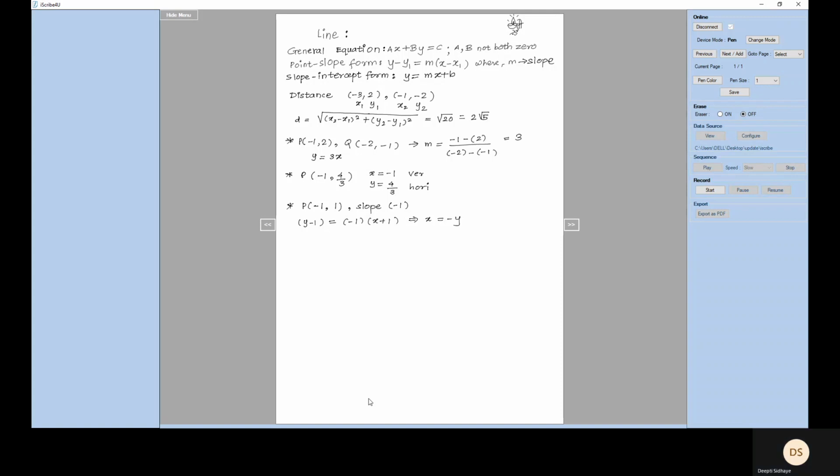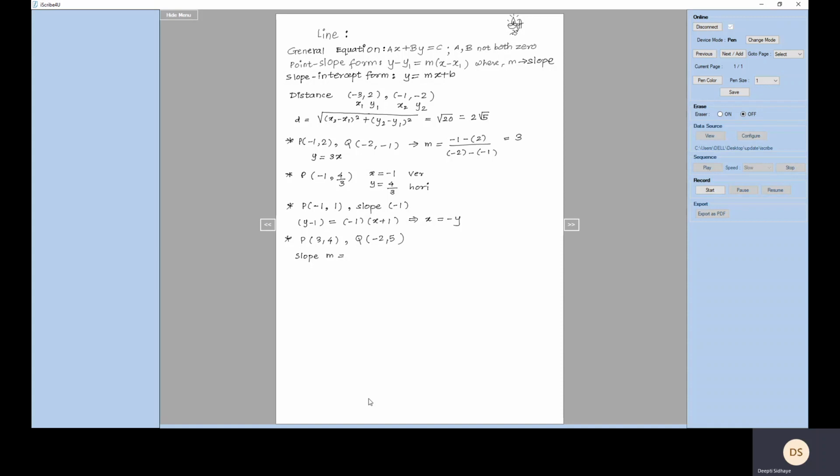Now, in another situation, you could be given 2 points, namely P given as (3, 4) and Q given as (-2, 5), and you want to determine the equation for the line passing through both these points. First of all, you can find the slope m. Since there are straight away numbers, it's not very difficult to work out.